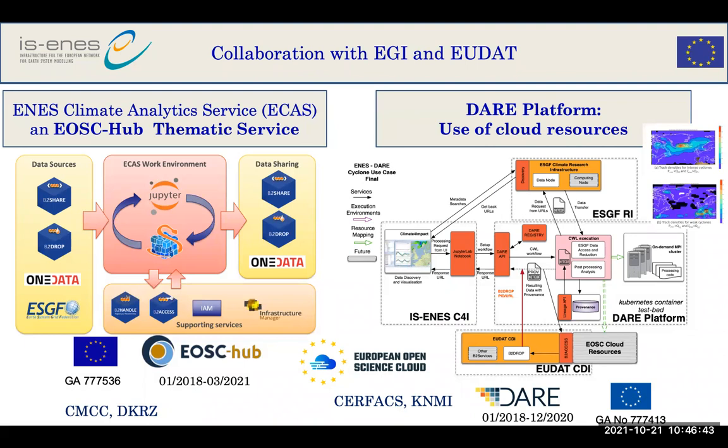This was the objective of EOSC Hub, which has benefited from Indigo Data Cloud, from EGI and EUDAT, interfacing different data sources, including Earth System Grid Federation, having a work environment with some software for visualization called Ophidia from Italy, and allowing the users to share their data using EUDAT and OneData, and benefiting from different supporting services from EGI and EUDAT.